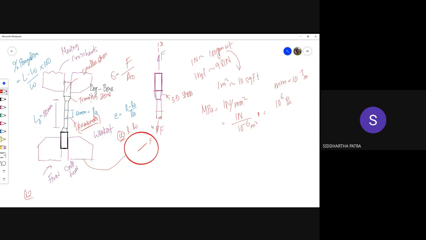So I gave you assignment question number 2. And here is your assignment question number 3. What is the strength of a material?